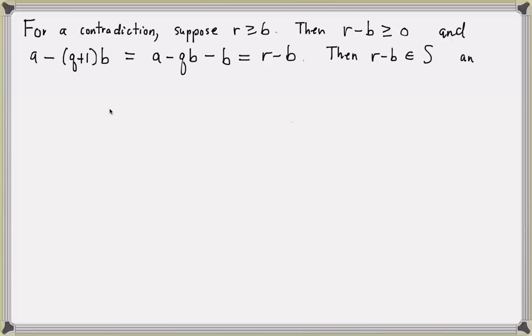And R minus B is smaller than R. So I just showed that R minus B is a smaller non-negative element of S than R. But this is a contradiction because we had defined R to be the smallest one.